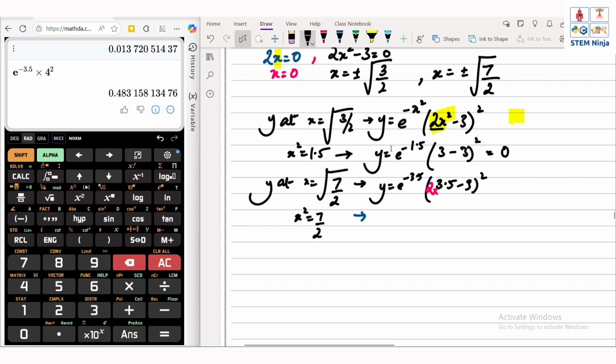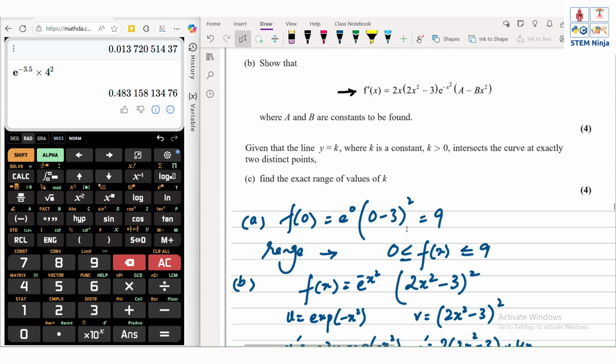So this becomes y equals 16 e raised to power minus 3.5. If we want to keep it in the exact form, the range will go from 16 e raised to power minus 3.5 to 9. Since they said k was greater than 0, we can't include the 0 one.